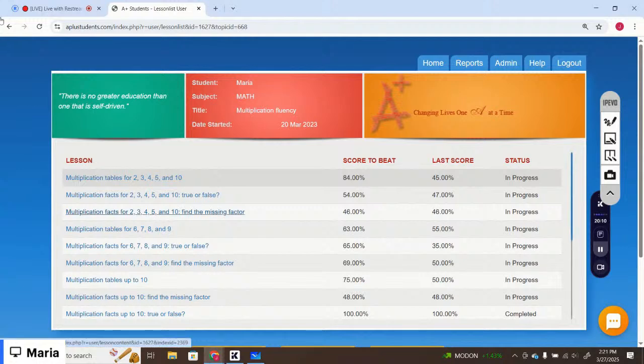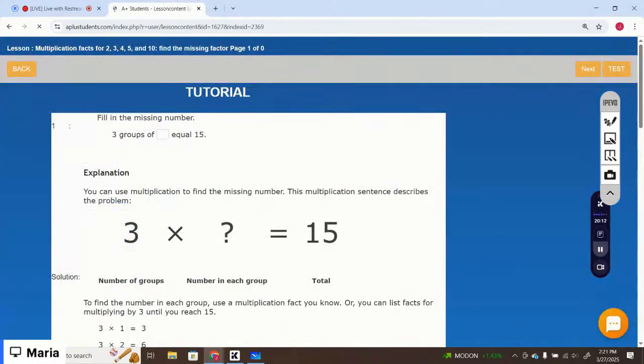Multiplication facts of 2, 3, 4, 5, and 10. Find the missing factor. Fill in the missing number. Three groups of dash equals 15.